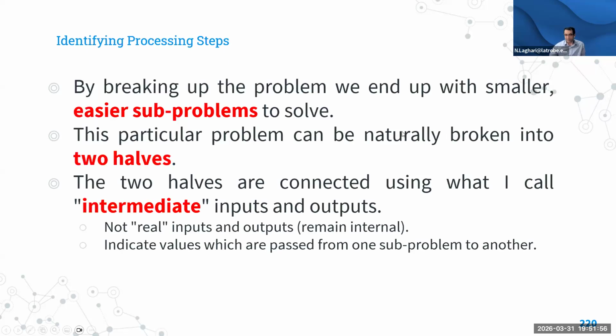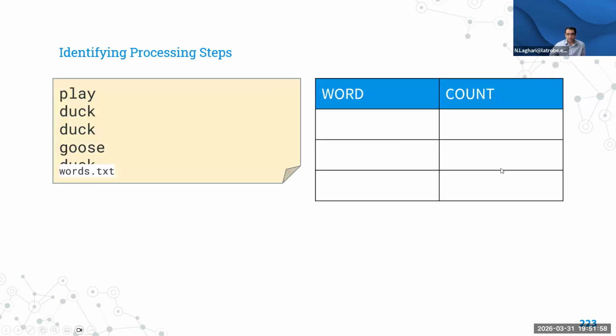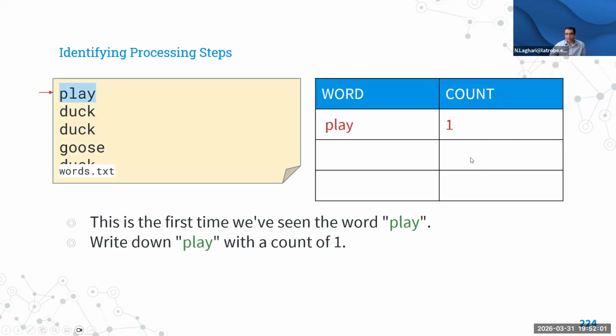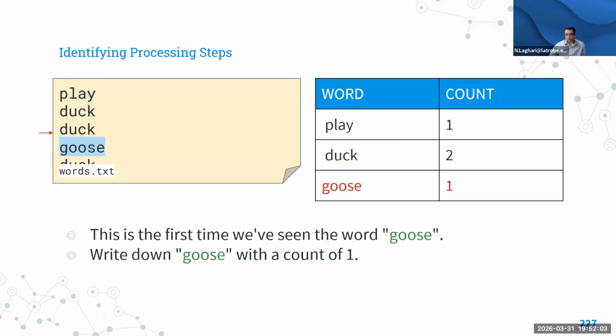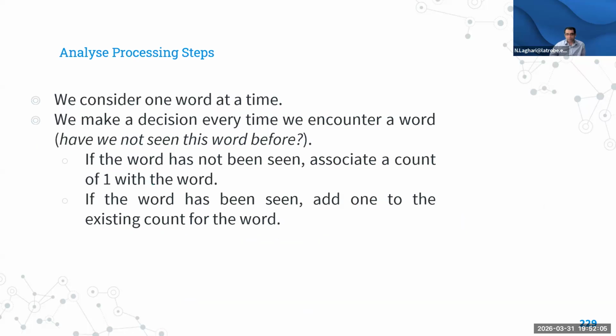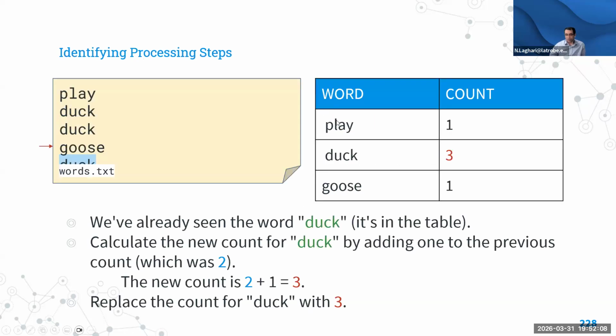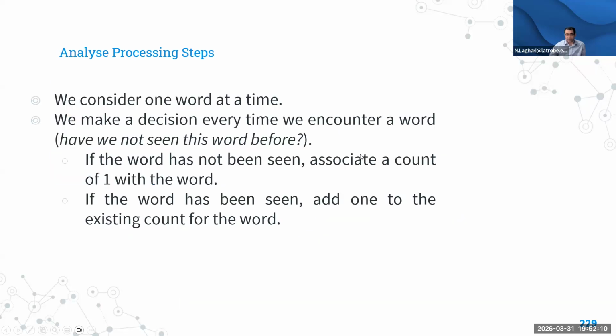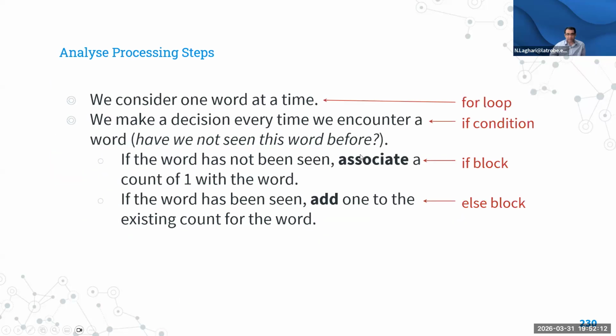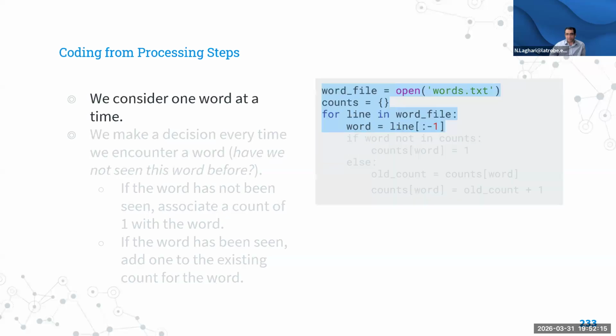Okay, so let's go to the program. So this is what we are doing, we are counting the words every time that the word arrives. Okay, so now let's see, we have this program. We open a file in the program, word.txt, and we have a dictionary counts equal to a blank dictionary.